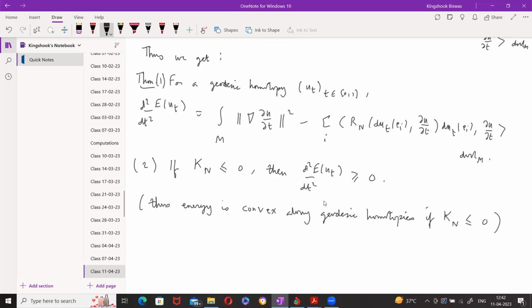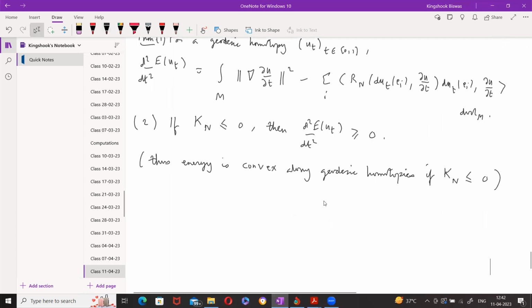So as a corollary, we get that. Let me assume one lemma. You can find the proof of this in the notes.